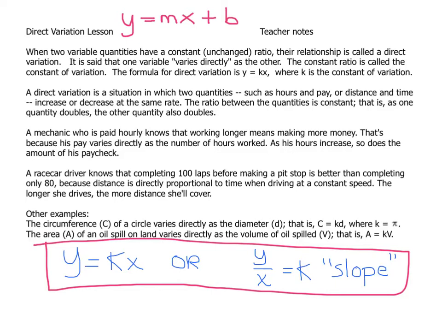So the slope is also known as k, the constant, because there's always going to be the same pattern over and over. So that k is also that slope. Okay, so the constant is slope.